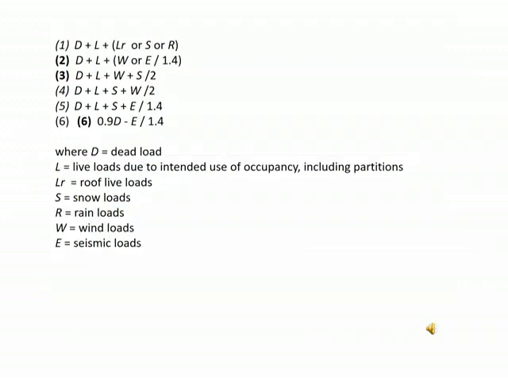Equation to calculate the load. In this case, D plus L or Lr or S or R, where D is the dead load, L is a live load due to occupancy, Lr is a roof live load, S is a snow load, and R is a rain load.